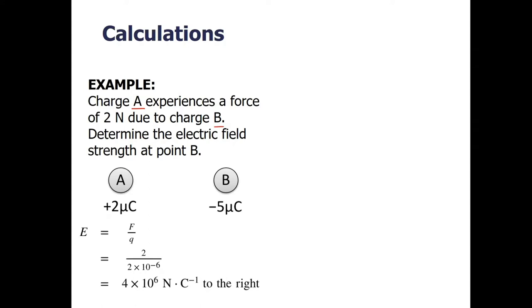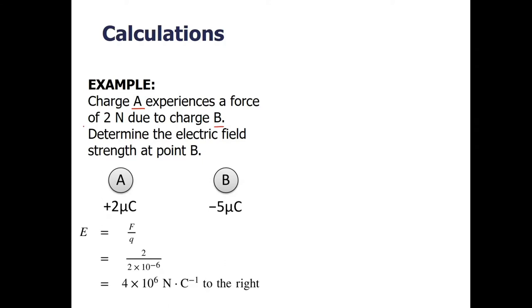So if A exerts a force of 2 newtons on B, B exerts a force of 2 newtons on A. There is only one force between the two. You use both charges to calculate that force, but both of them experience the exact same force in two different directions. So if A experiences a force of 2 newtons due to B, then B experiences a force of 2 newtons due to A. Okay.